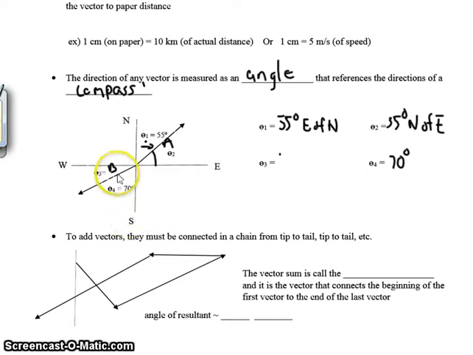Okay, well, hopefully you reasoned out that we're referencing this particular angle to the south, and so we're moving to the left or westward of south, so this would be 70 degrees west of south, and therefore theta 3 would be the complement of that, 20 degrees south of west.